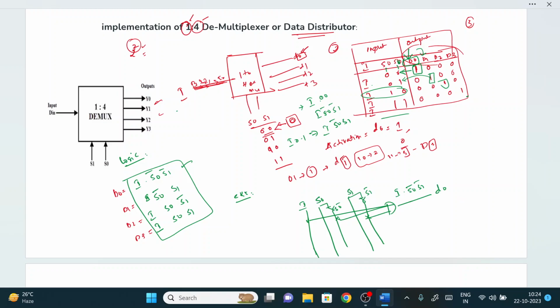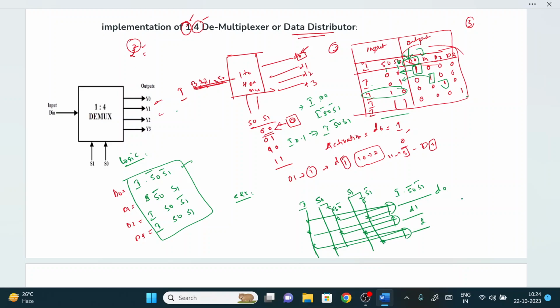What is the D1 output? I into S0 bar, this second line is S0 bar, and S1, using an AND gate. This is D1. Like that for D2, I into S0 and then S1 bar.